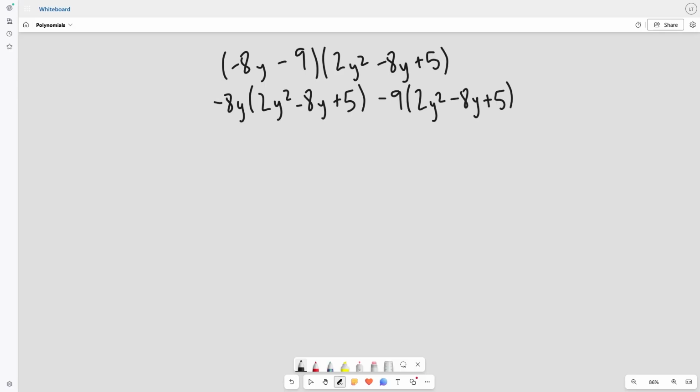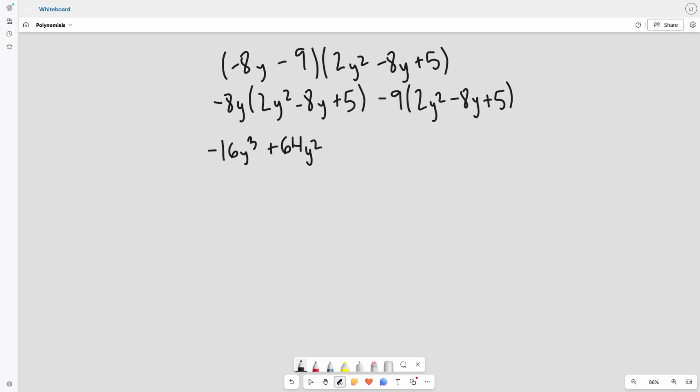So continuing from there, we have negative 16y cubed. Then take the negative 8y times negative 8y, gives us positive 64y squared.